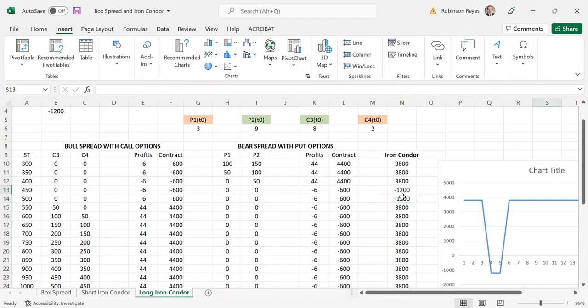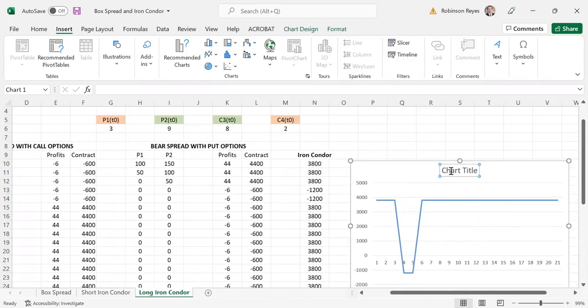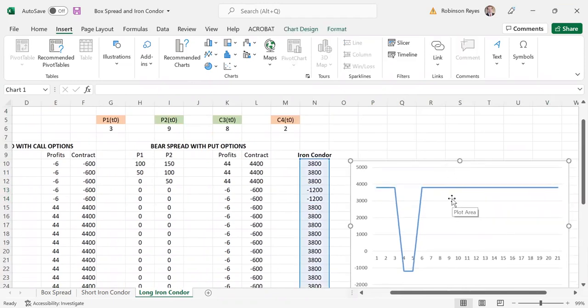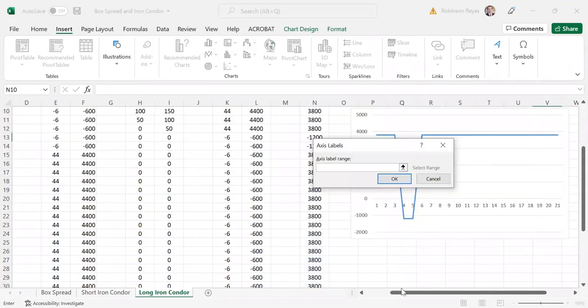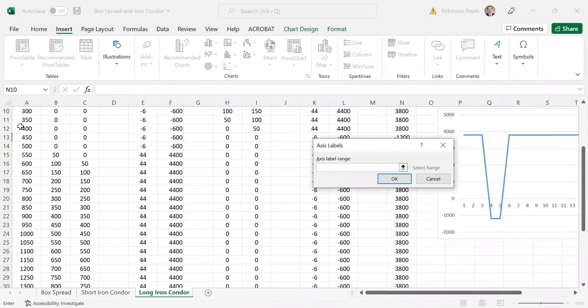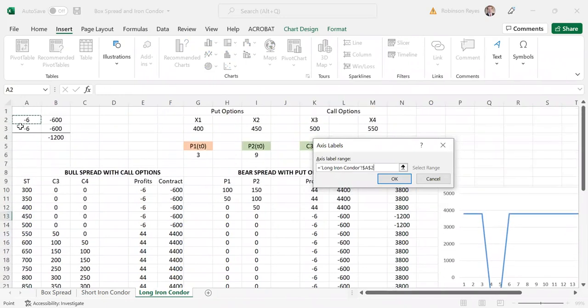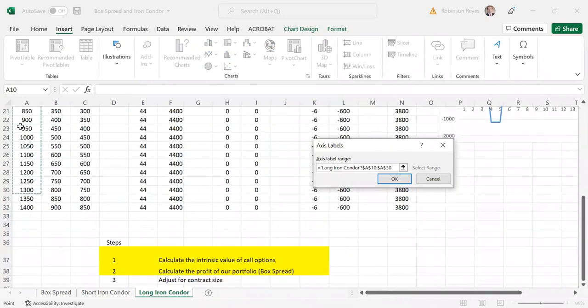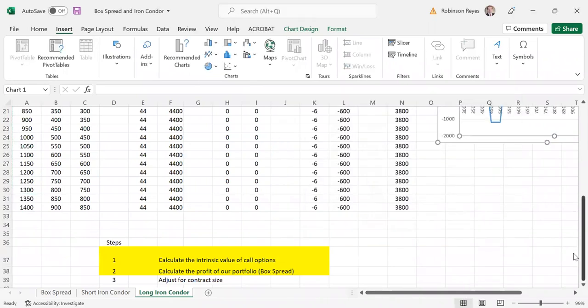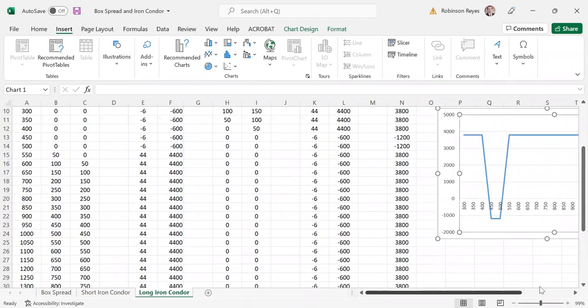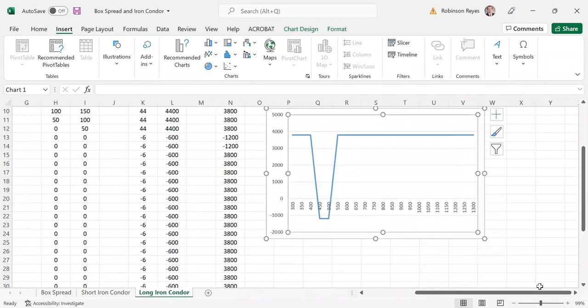Out of the 4 strikes we have, between the middle strikes. Once again, we can do this, and we can select data, so we can include all the stock prices here. So here we go.